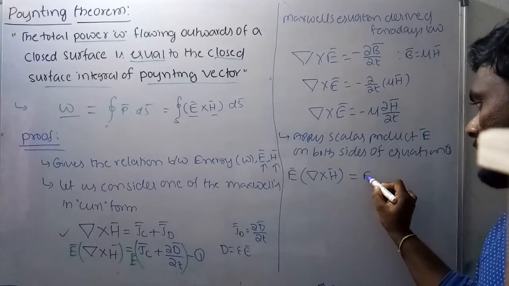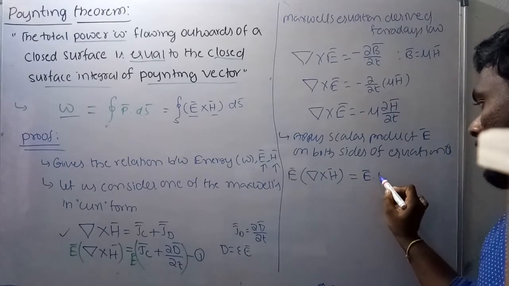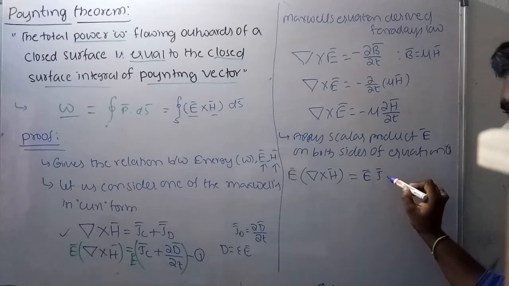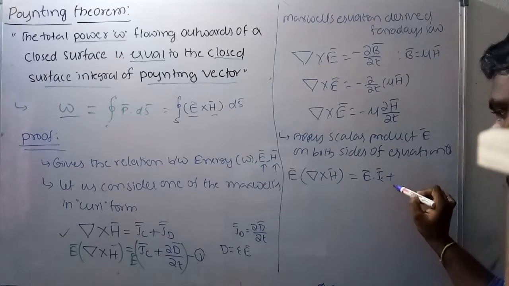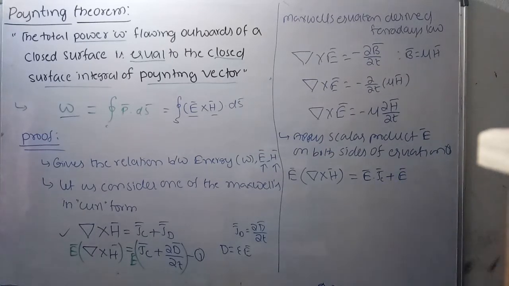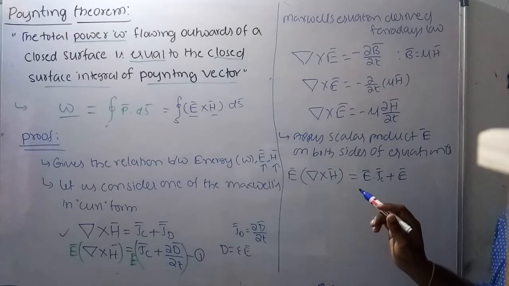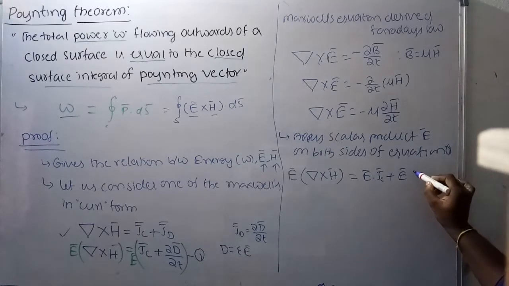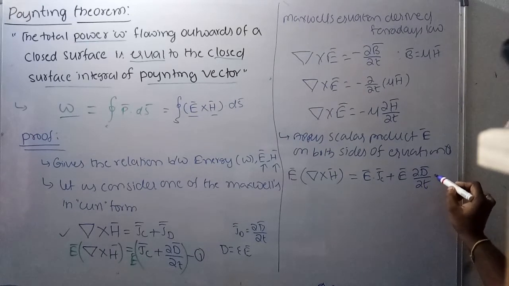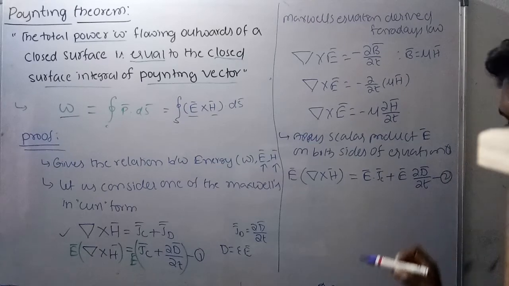Now here E bar dot JC bar, next plus E bar dot dou D bar by dou T. So after applying scalar product to the equation, you will get equation number 2.